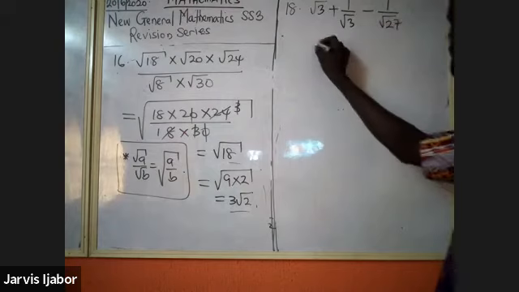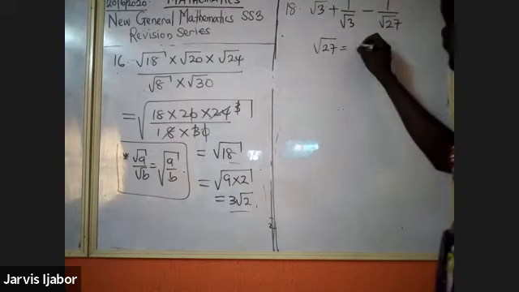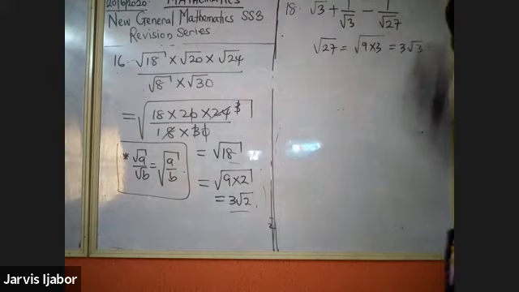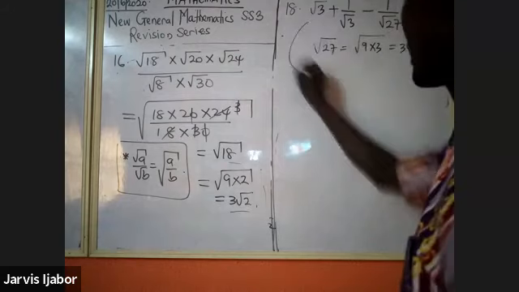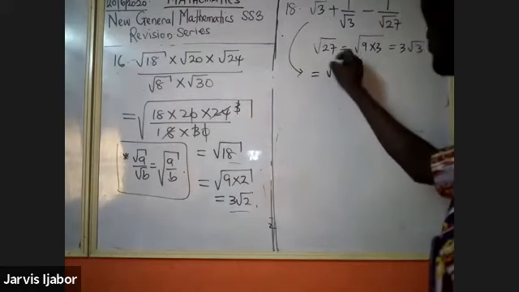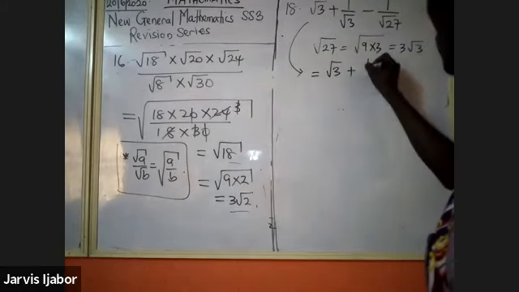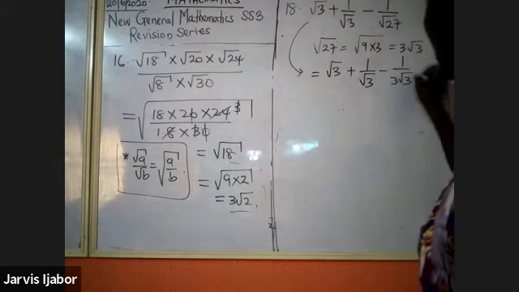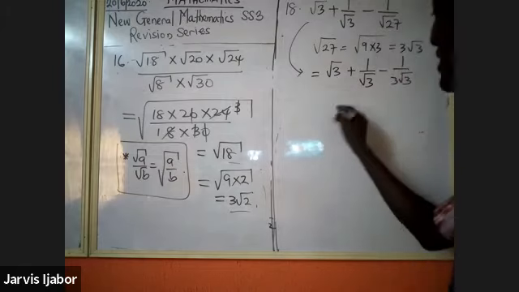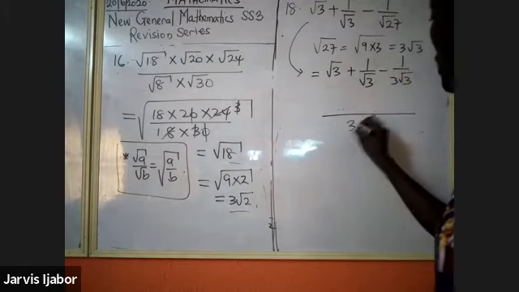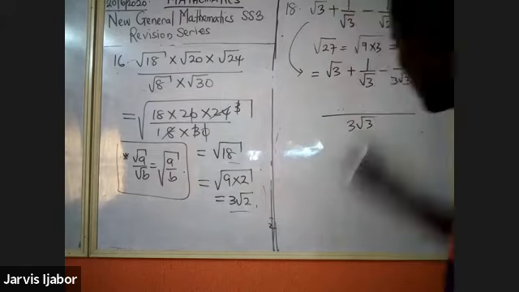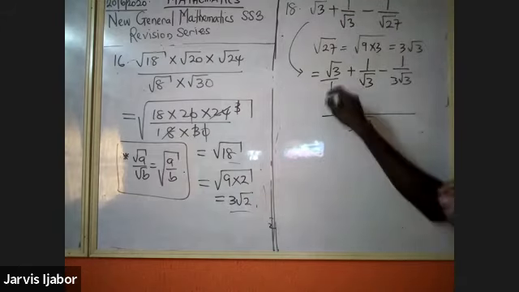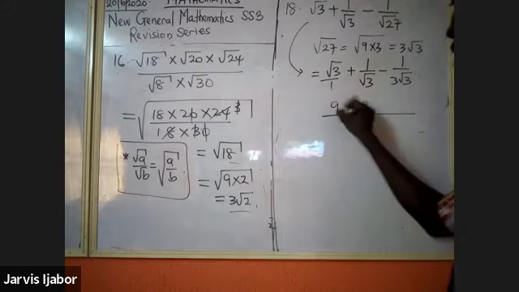Look at, let me pick root 27. This is what? The square root of 9 times 3, and that is 3 root 3. So I can come here now and write that this will be equal to the square root of 3 plus 1 over root 3 minus 1 over 3 root 3. Now, instead of rationalizing, I'll take LCM of 3 root 3. This into this will give me 3 root 3 times that, and that will give me 9.